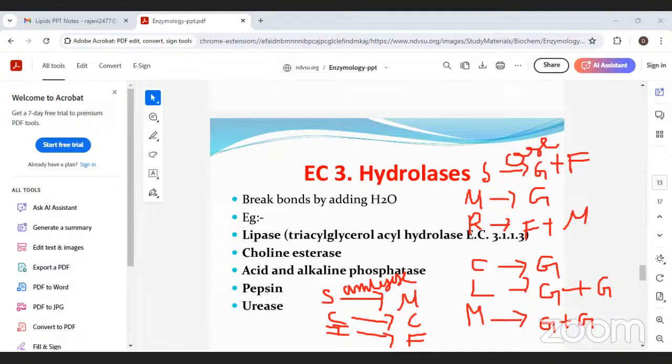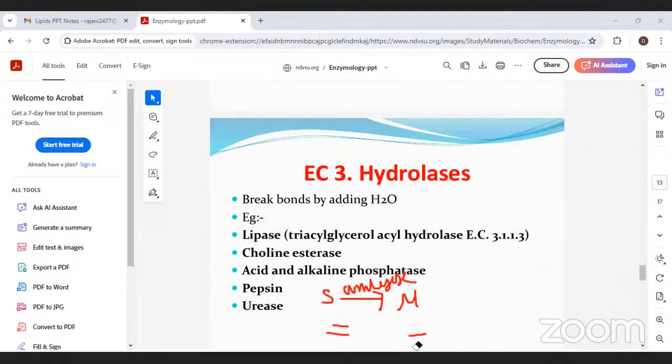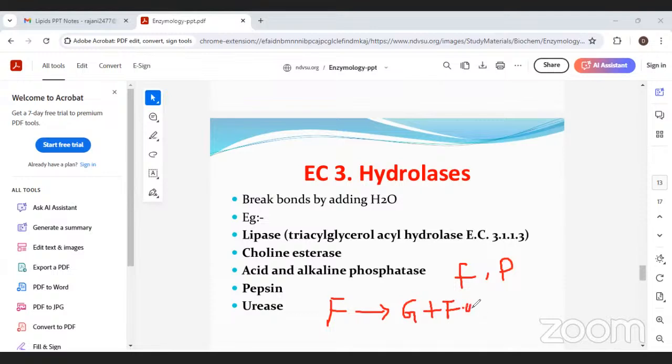The second one is called the esterases. These enzymes catalyze the hydrolysis of substances containing ester linkages. Examples are fats and pectins, which are broken down into an alcohol and an acidic compound. Fat, using the lipase enzyme, is converted into glycerol plus fatty acids.